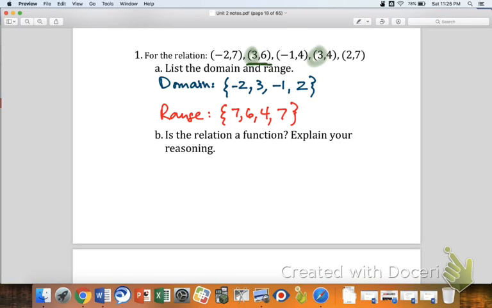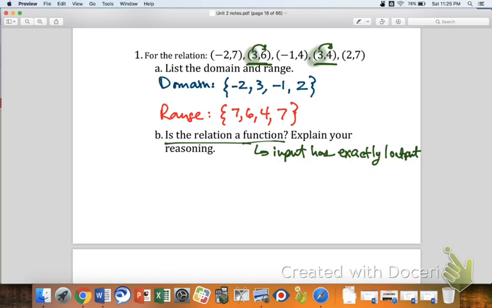And if you look carefully at these 2 points right here, notice how the input 3 has an output of 6 and also an output of 4, meaning that 3 has 2 different outputs. And again, connecting with the idea that a function has exactly, every input has exactly one output, you can see that we have a little issue here, because the 3 has 2 outputs, 2 different outputs.